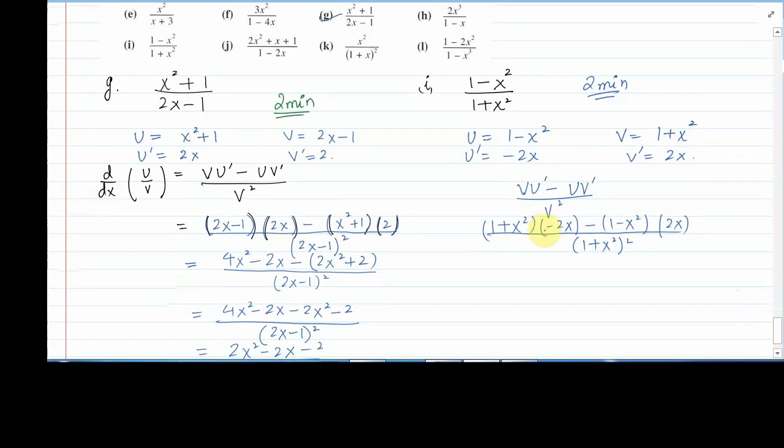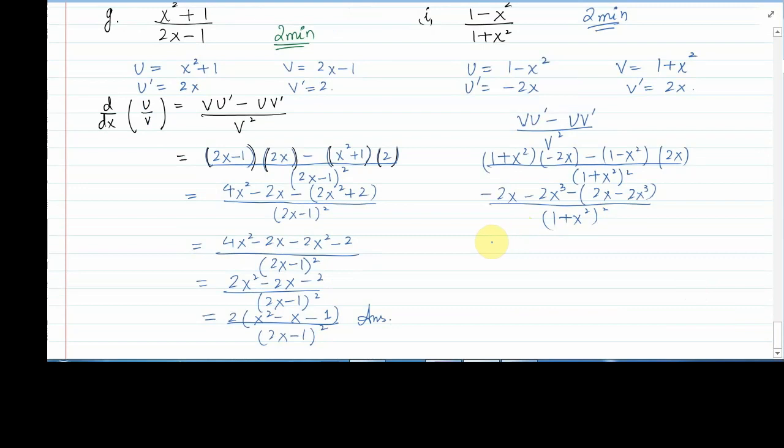Multiplying those brackets, so it's minus 2x cube minus 2x minus 2x cube divided by (1 plus x square) and whole square.